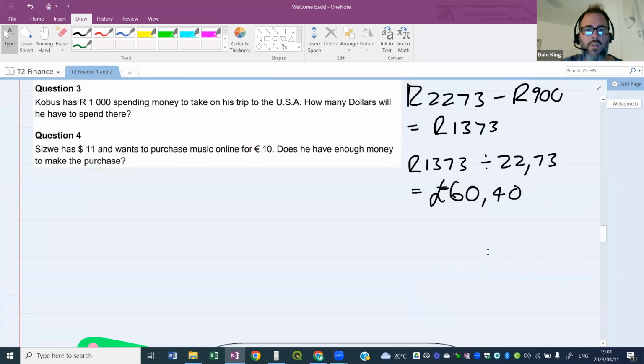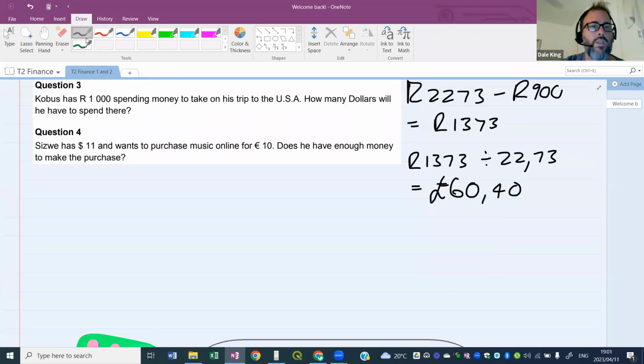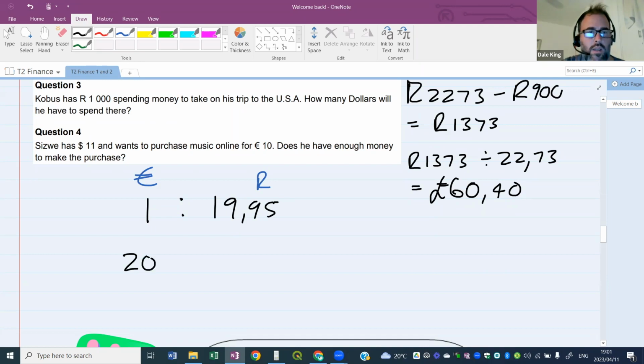So 19.95. So let's build the ratio. So €1 is to 19.95 rands. I'll put the symbols there as well, rands there and euros there. And from here, they say the person has 20 euros. How many rands will they have? So what we're doing to the euros is we're changing it from a 1 to a 20.